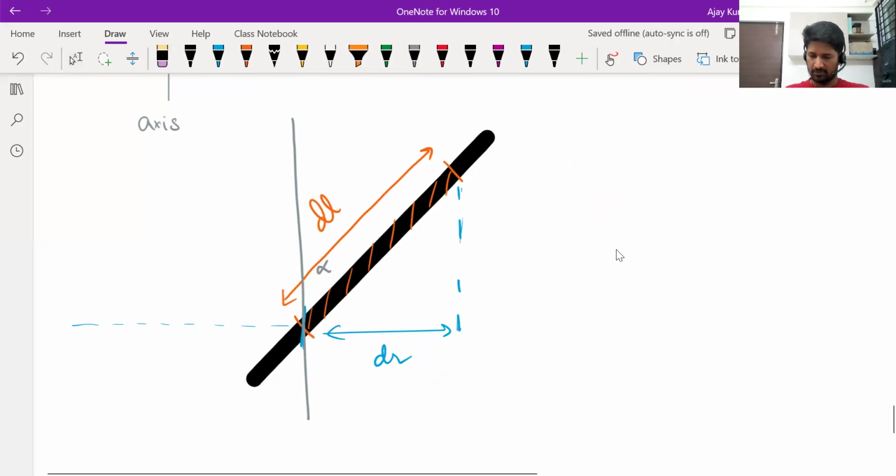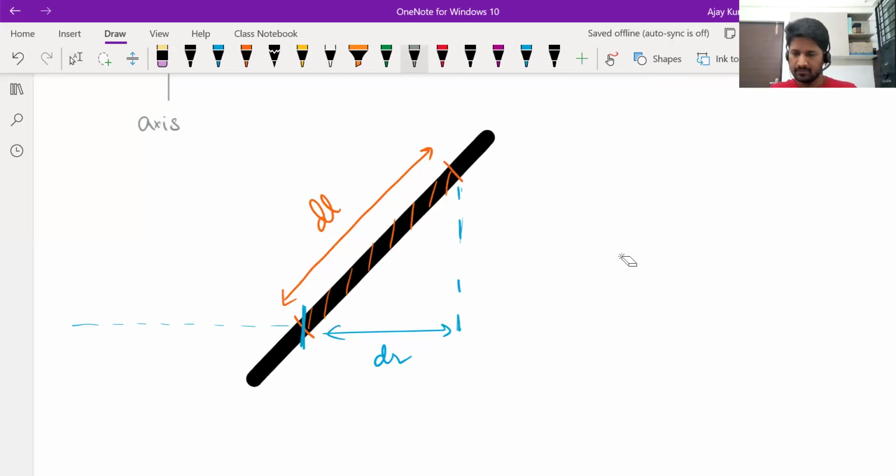Let me draw this line properly. It's very easy. There is a right angle triangle, as you can see. Angle made with the y-axis is alpha. So this angle will also be alpha. Relate dl, dr and alpha.